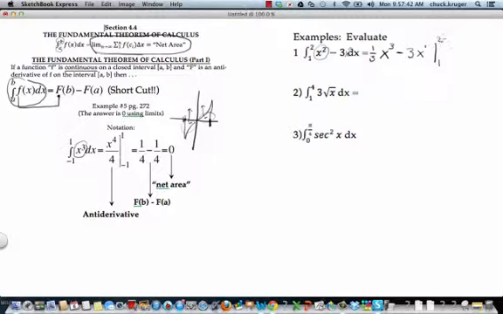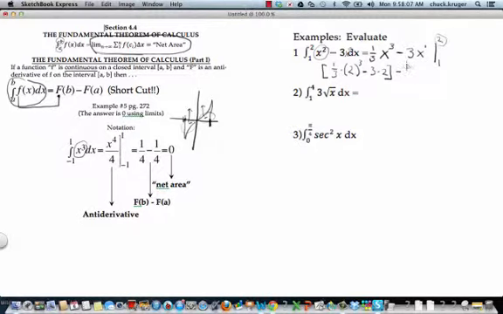Now, here's the important part. You're going to first substitute that 2, that b. So the way that I write that is I use little brackets here. And I'm going to have 1/3 times, what am I cubing? I'm cubing 2, minus 3 times 2. Okay, so this is my b.